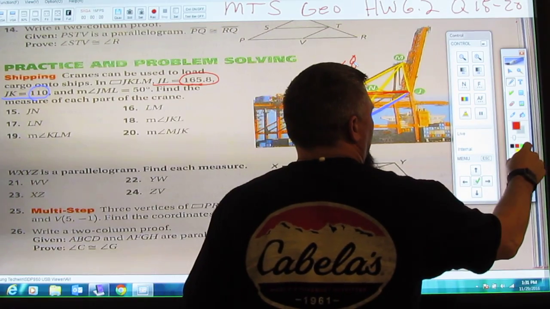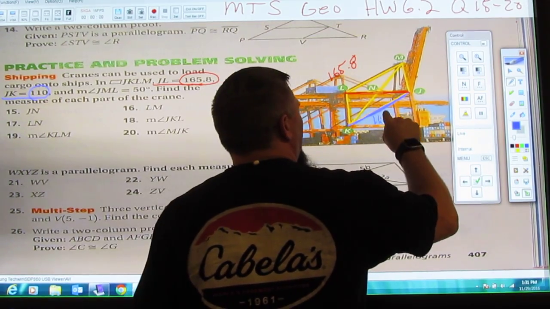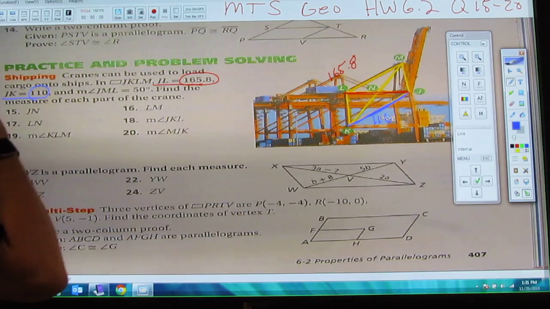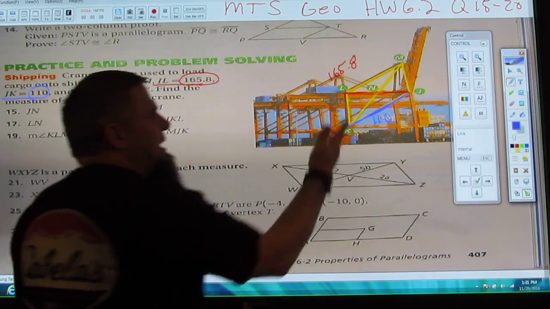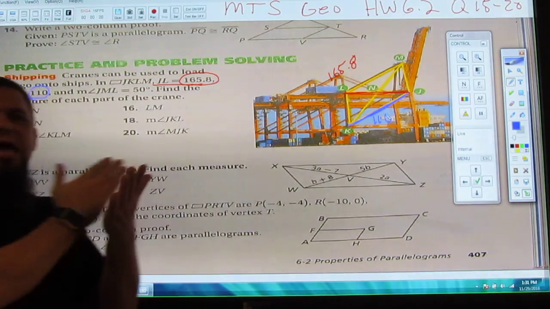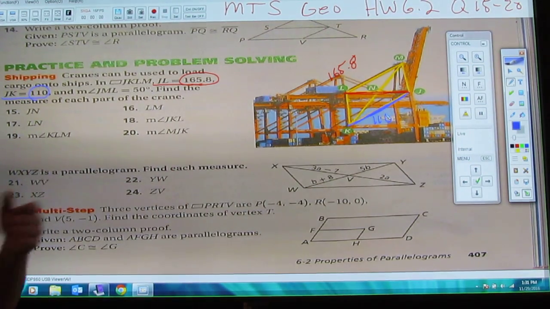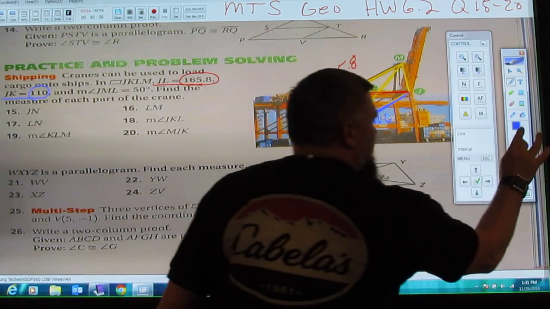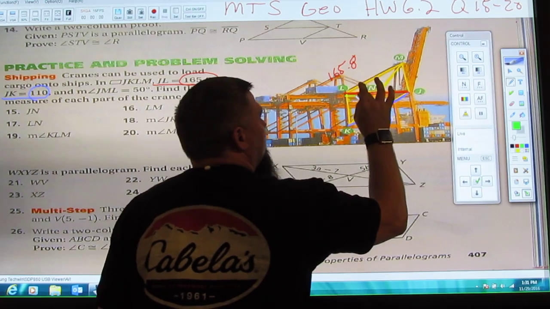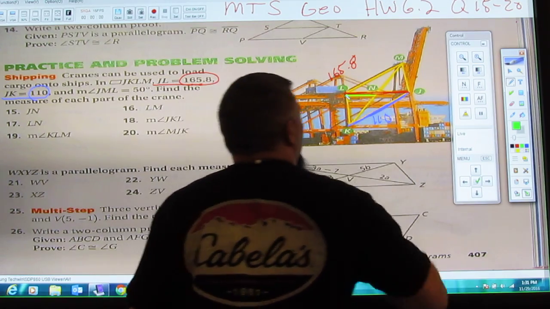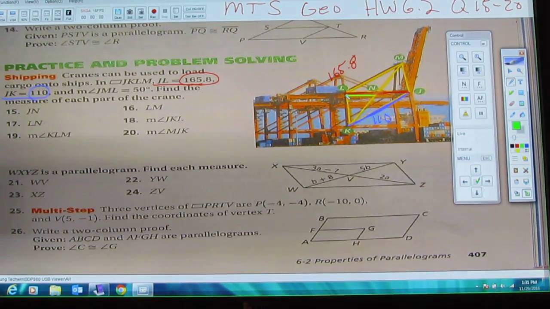And the blue one is 110. Right? So JN is going to be half of the LN. Okay? So this portion right here, what page is this? 407.